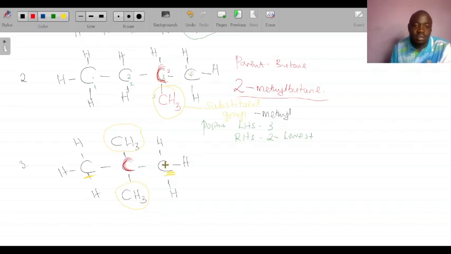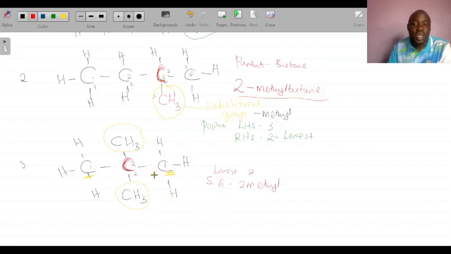We can see from right hand side, carbon number 1, carbon number 2. From left hand side, carbon number 1, carbon number 2. So it means the lowest is carbon number 2. Then our substituent groups, there are two methyls.